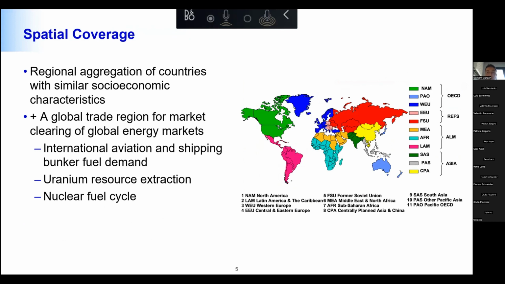When we think of global modeling, historically, countries had been aggregated based on their similar socioeconomic characteristics, like the North American countries, South America, Sub-Saharan Africa, the OECD countries, the former Soviet Union countries.